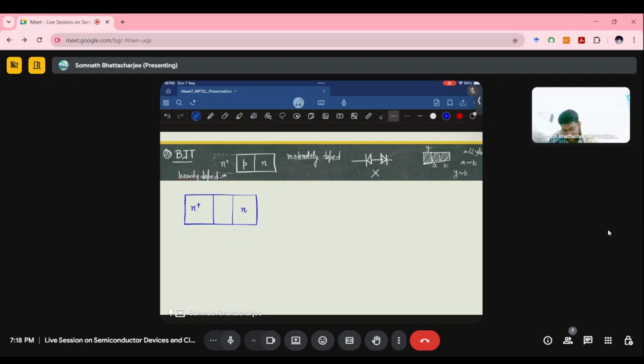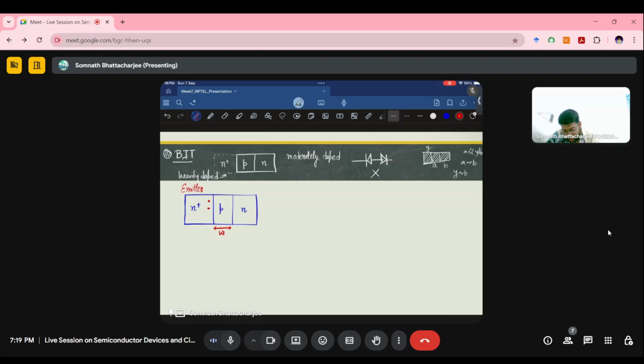And this is P type doped. For nomenclature purposes, the N plus side, that is the heavily doped side, we have to name the emitter, because it is emitting the extra number of electrons from its side.